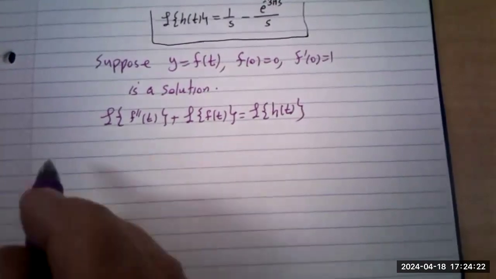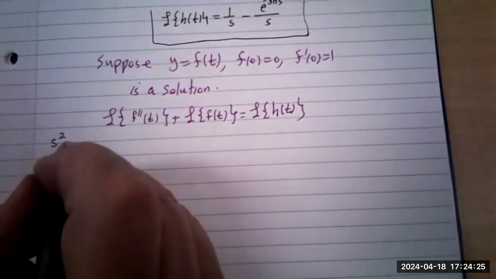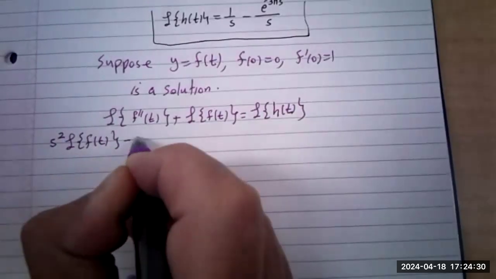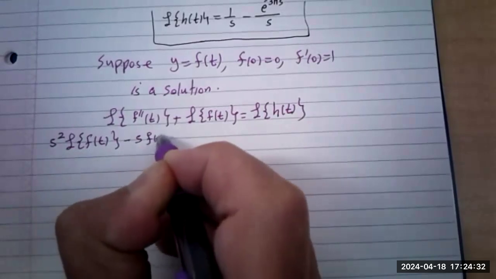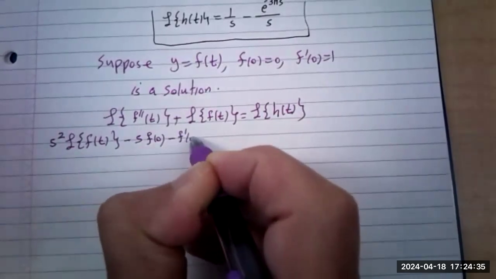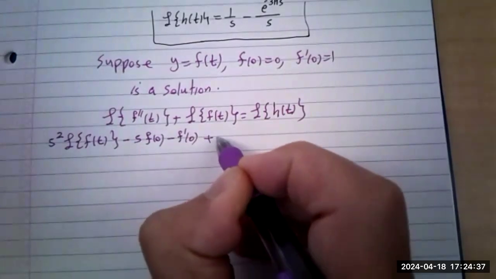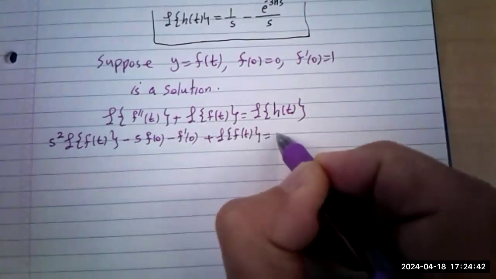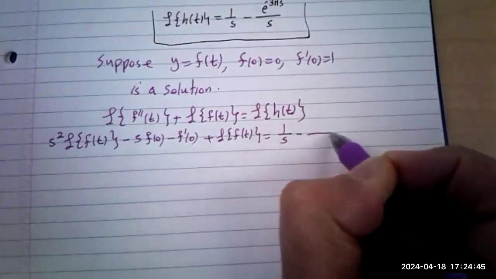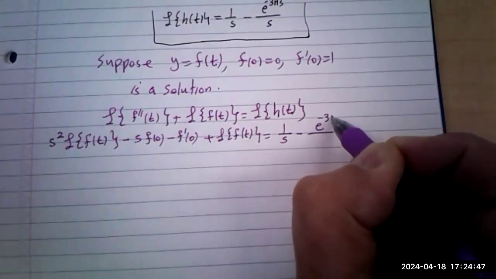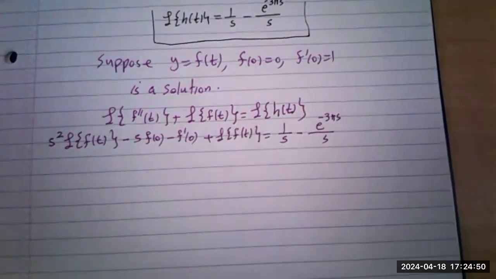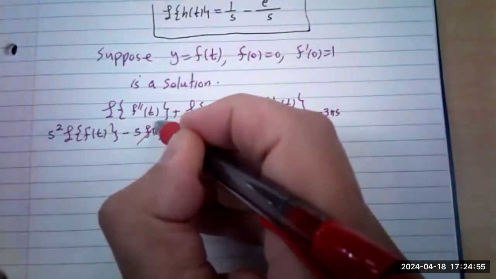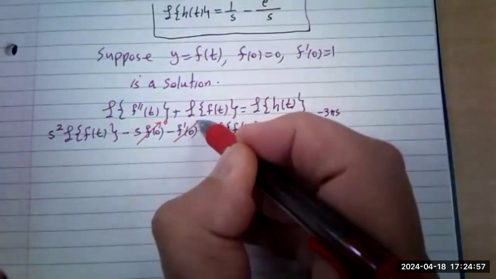Remember, it's the second derivative, so it's s squared times the Laplace of f of t, minus s f of 0 minus f prime of 0. The second one is just the Laplace of f of t. On the other side, you already got it: 1 over s minus e to the negative 3 pi s over s. For the initial conditions, f of 0 is 0, so that term would be 0. f prime of 0 is 1, so that would be 1.